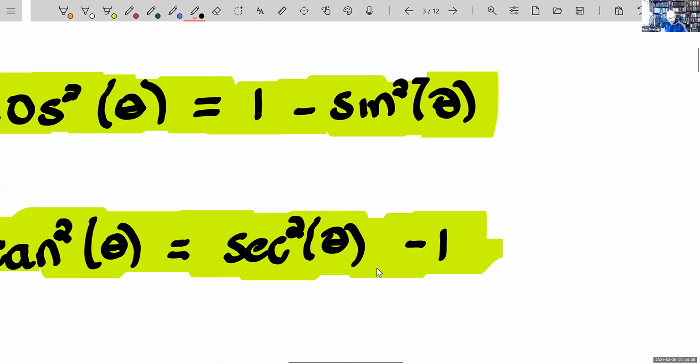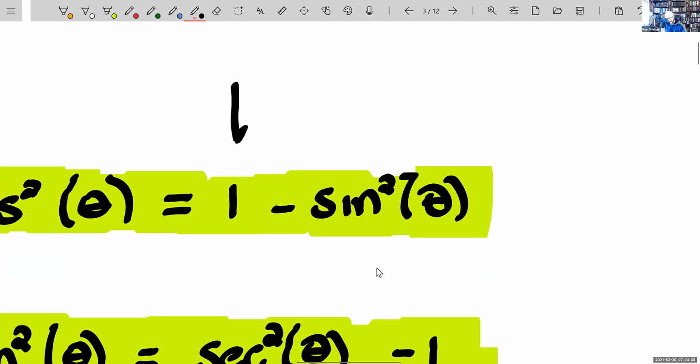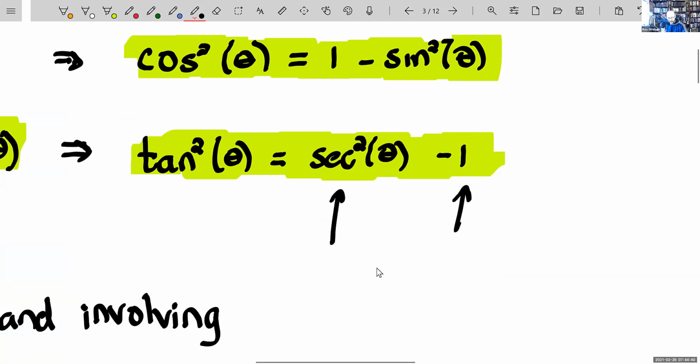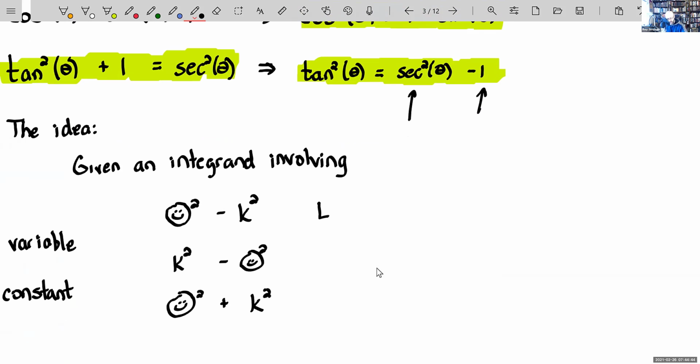I'm looking for a variable squared minus a number. This is a number minus a variable. This is a variable minus a number. So in the variable squared minus number squared case, I'm going to let that variable be some version of the secant, because then I get secant squared minus basically 1. I'll show you how we can force that in a moment.